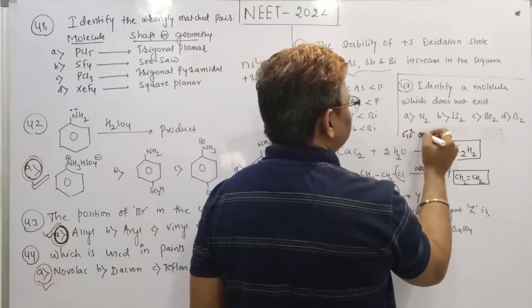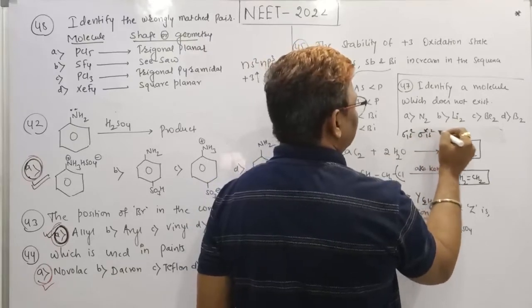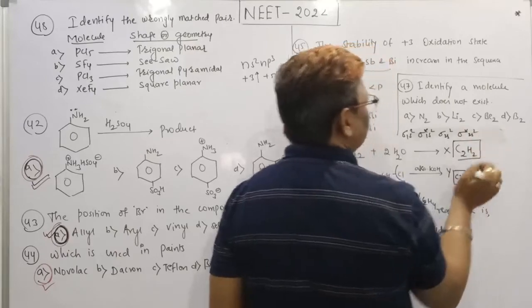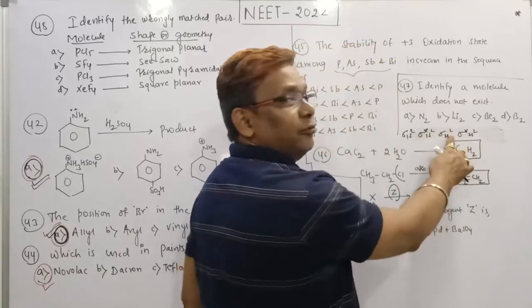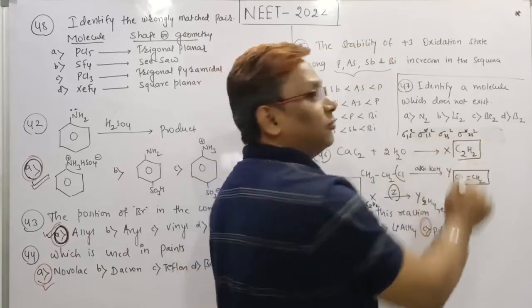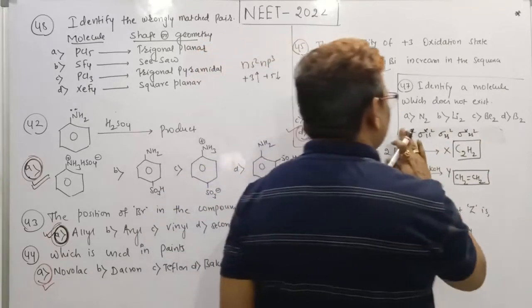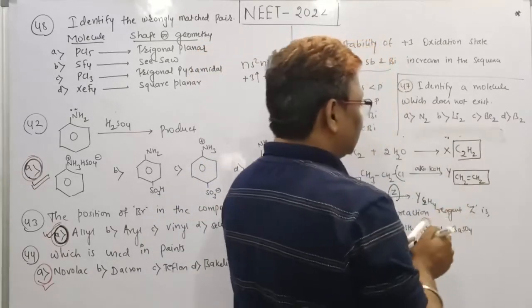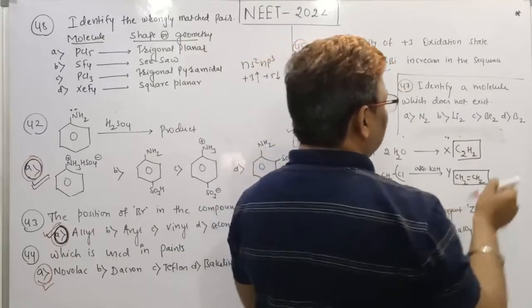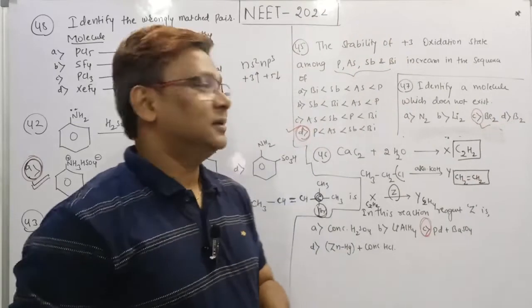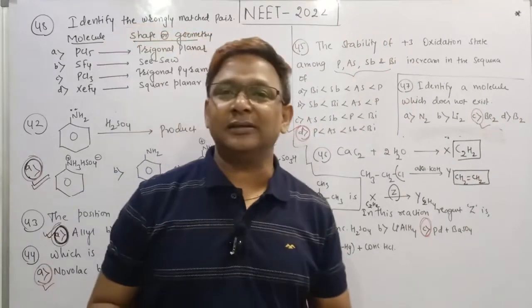Sigma 1s2, sigma star 1s2, sigma 2s2, sigma star 2s2. Bonding 2 plus 2, 4. Anti-bonding 2 plus 2, 4. Bonding minus anti-bonding is 0, so bond order is 0 overall. We can say this option C does not exist. Yes, beta, the Be2 molecule does not exist.